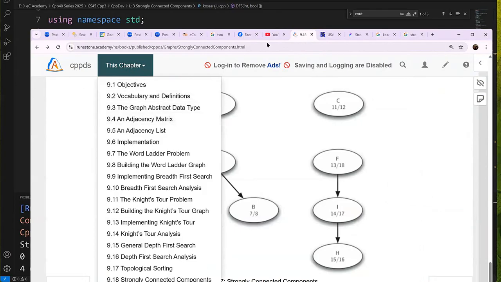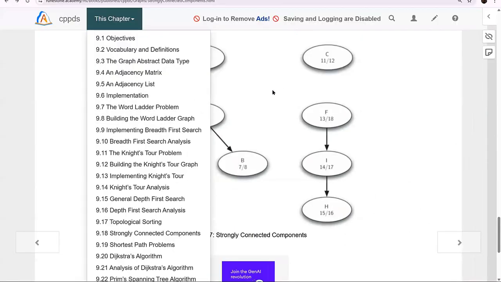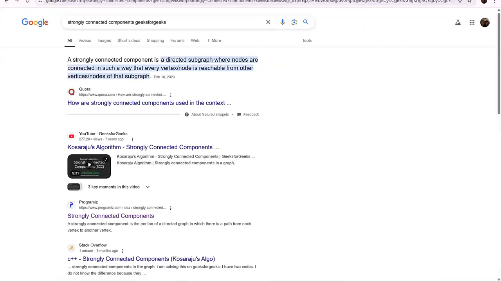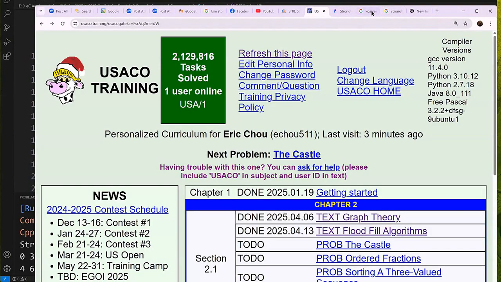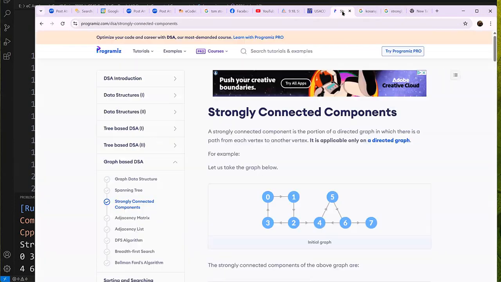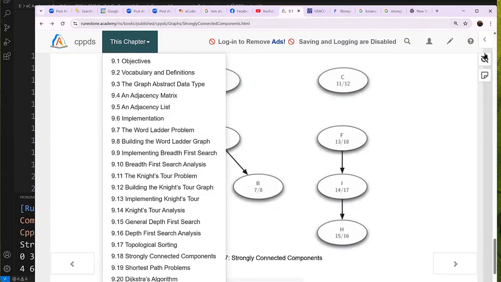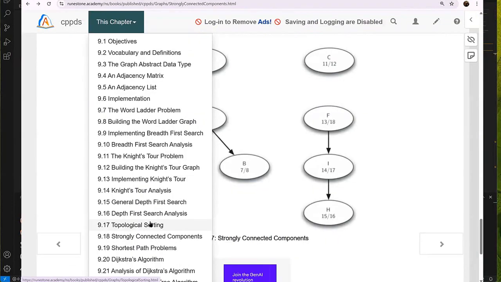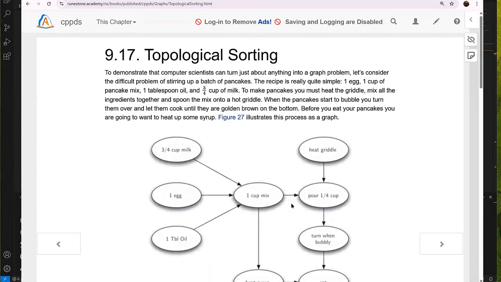Now let's go back to this book. Next, what we will see, actually, we talk about this is a ninth tier problem. Okay, so let's look at something else. Before we go into the next graph, let's look at another important topic called topological sorting.